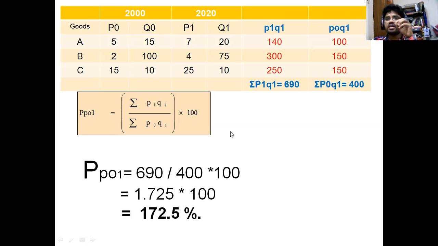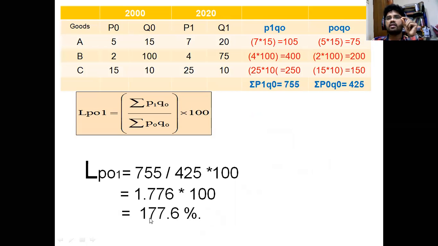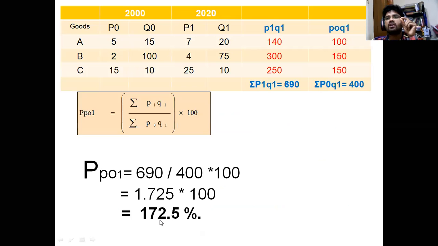The Laspeyres value was 177.6, right? But the Paasche value you got is 172.5. So the highest value is 177.6 and the lowest value is 172.5.